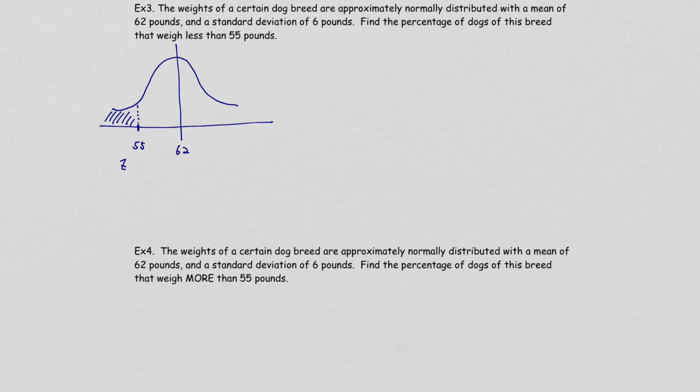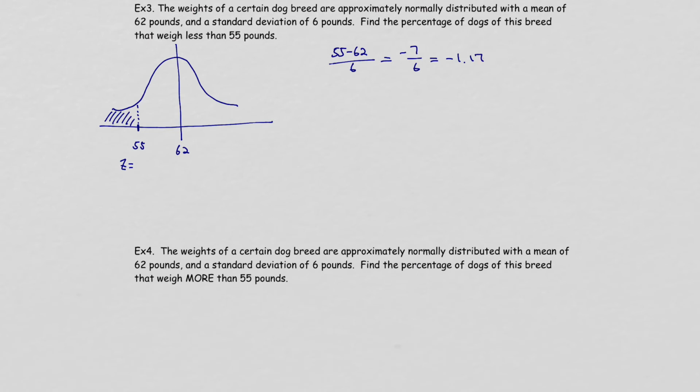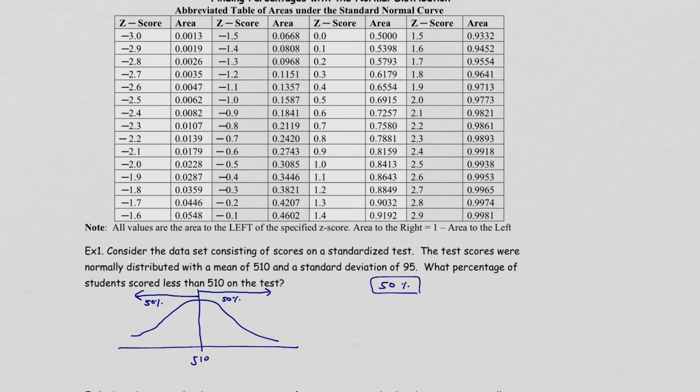Let's find the z-score for that 55 first. You will do 55 minus 62, divided by the standard deviation. That gives you negative 7/6, which is negative 1.17. Again, the chart only gives you 1 decimal place, so let's round this. It will be negative 1.2. Go back to the table and look for negative 1.2.